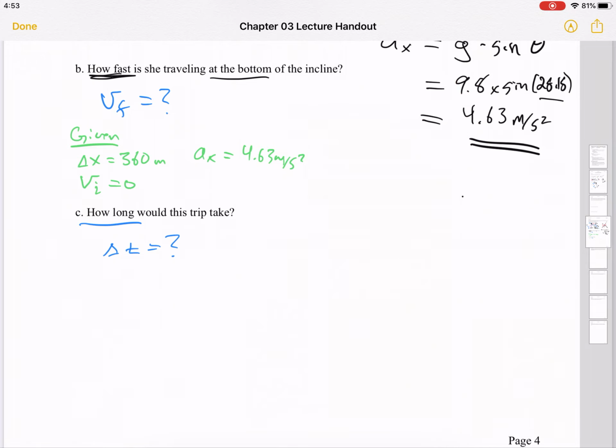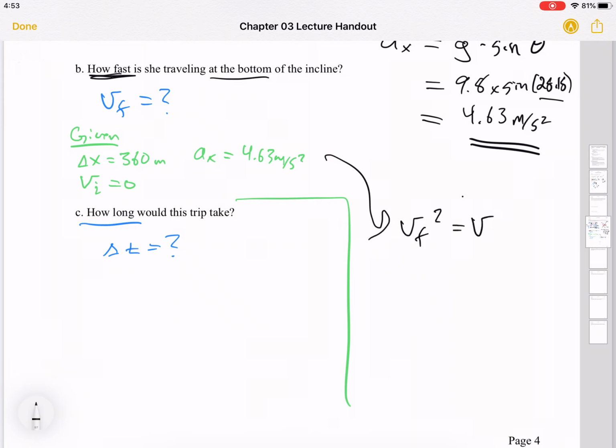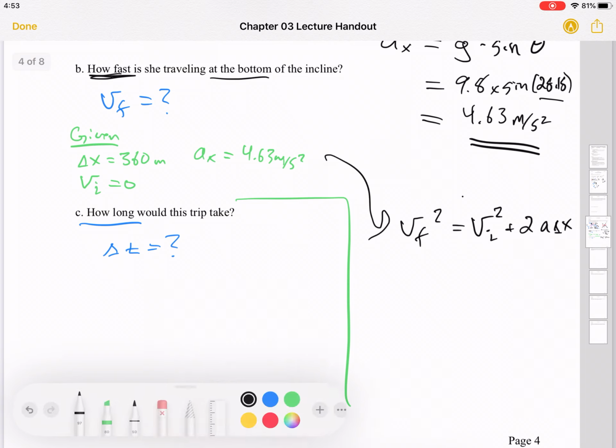So I'm going to buy myself some space by doing this. Okay, so V final squared equals V initial squared plus 2a delta x. V initial is 0, so that bit is just 0.